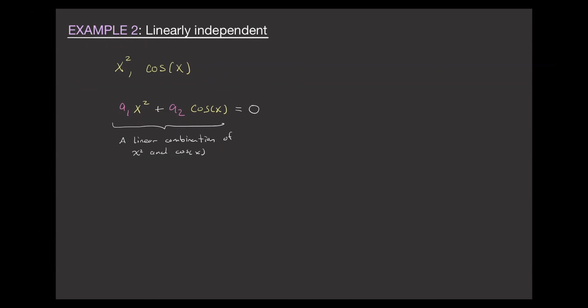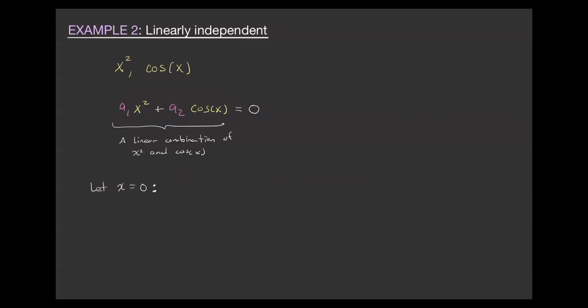How might that work? Well, if we start with this linear combination, what we can do is say this has to be true no matter what x is. So let's try different x values, see what we come up with, and see if it can help us show that A1, A2 are 0. Since this always has to be true no matter what x is, let's let x be equal to 0.